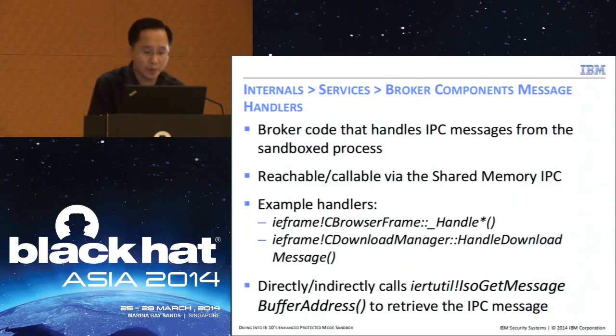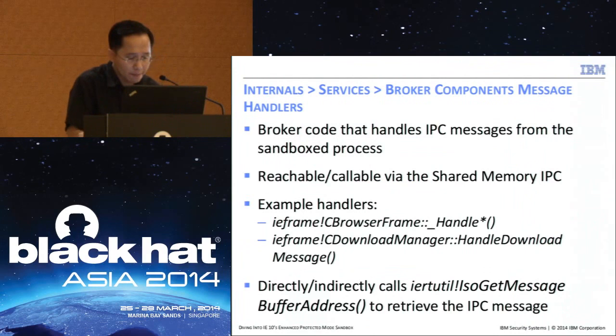Finally, the third set of services that I'll discuss are the services that are exposed by the broker components. These broker components expose message handlers that are callable by the Sandbox process through the shared memory IPC. An example of these components is the browser frame component in the broker.